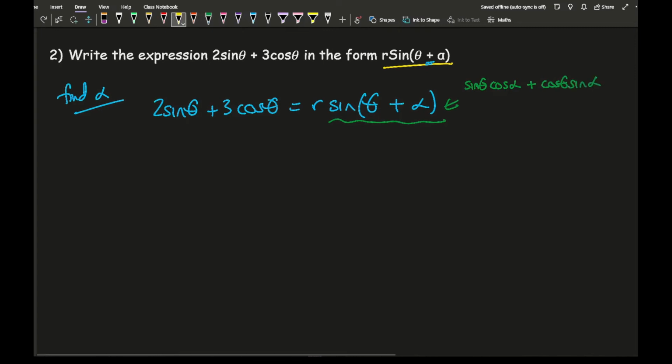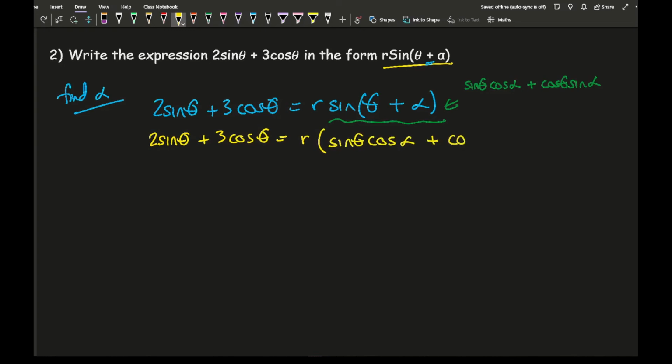So substituting that in, I get 2 sine theta plus 3 cos theta equals r lots of sine theta cos alpha plus cos theta sine alpha.